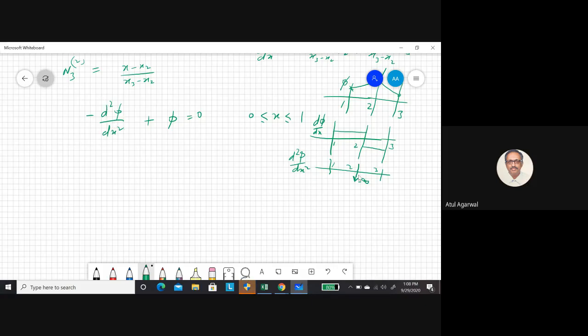Because if you have a finite jump and you integrate over this small length, it will contribute 0. But if you integrate something very large, infinite, over a vanishing length, still it will give you a finite value. So that is why we go for a weak formulation, so that we reduce the derivative requirement.